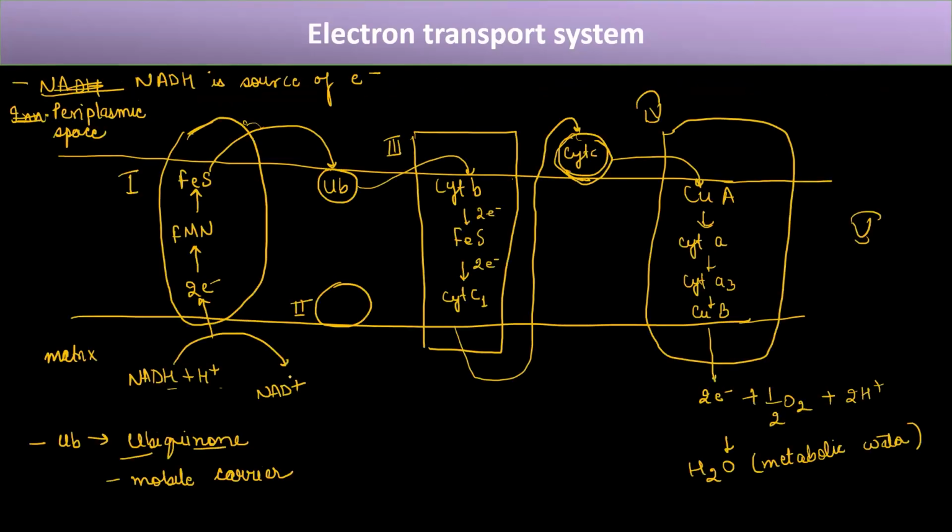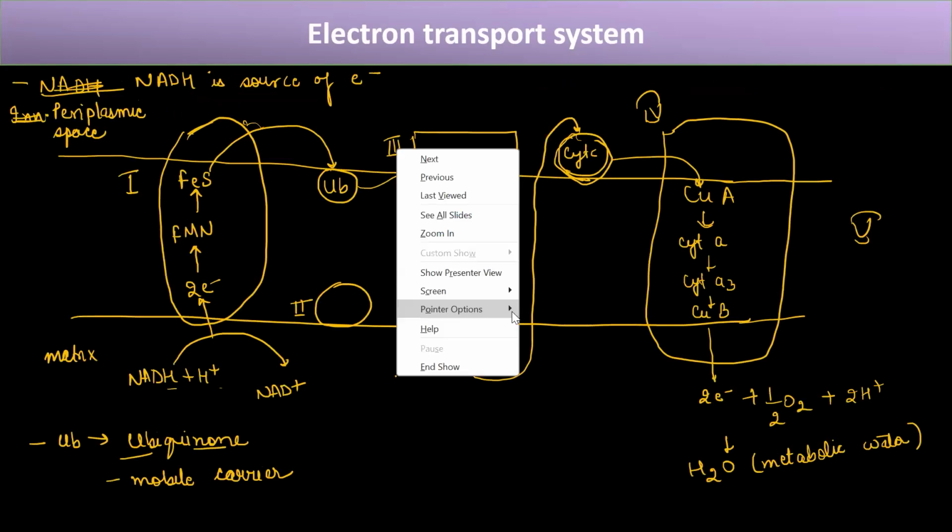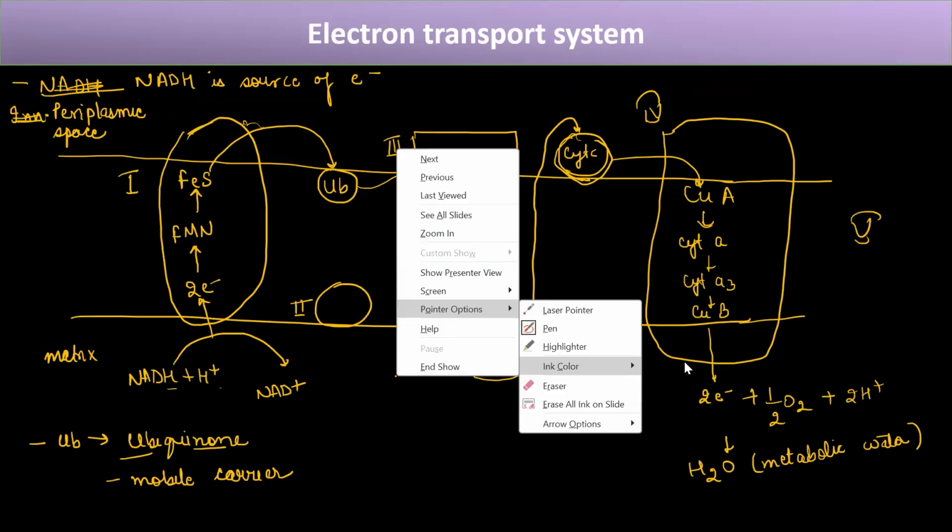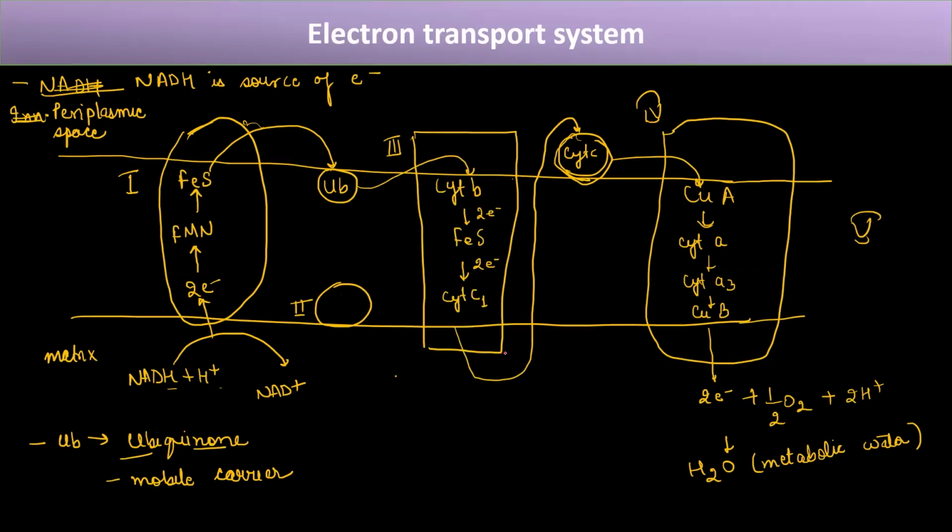Now, with the movement of electrons, something else happens. What we are seeing here is that NADH upon oxidation forms NAD plus, but along with this, it is also forming 2H plus, right? Because the hydrogen ion also gets detached along with the electron.